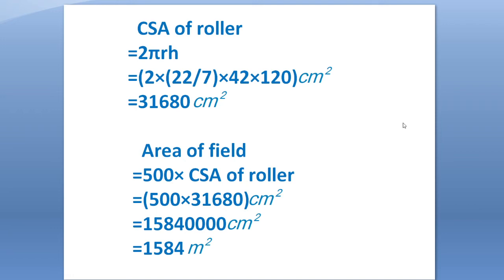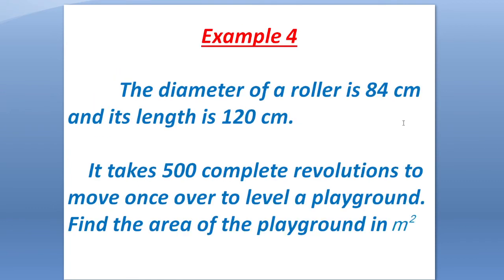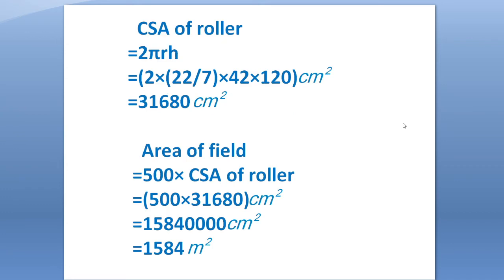Now area of field. So it is 500 times because it takes complete 500 revolutions. So 500 into CSA of roller. So 500 into 31,680 centimeters square.